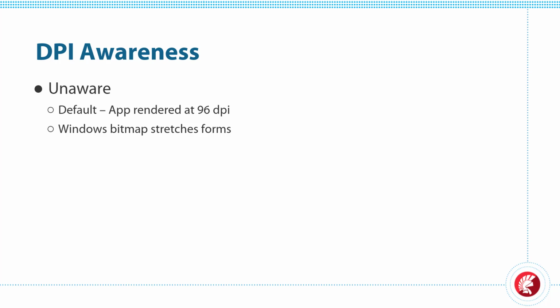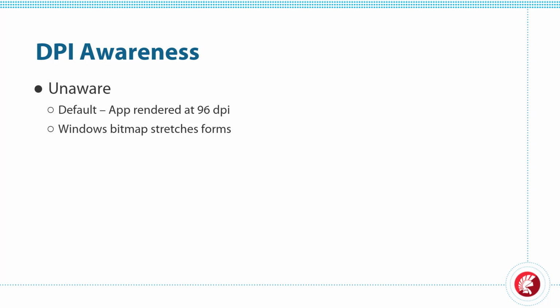The app doesn't think it's any bigger, it just looks bigger on your monitor, and you have all the side effects you would normally expect. The text and everything gets scaled up so it becomes pixelated, and images become pixelated too, because it's using a low-res image on a high-res, high DPI display.